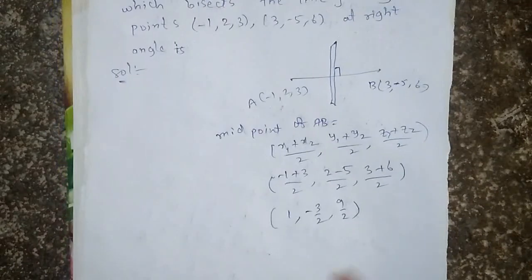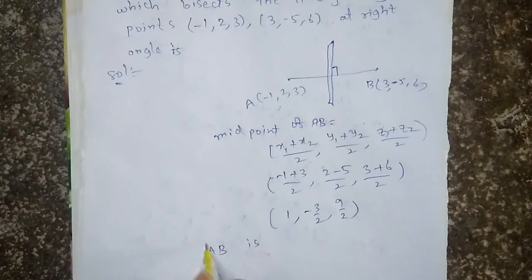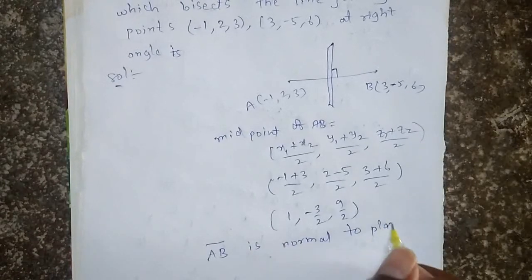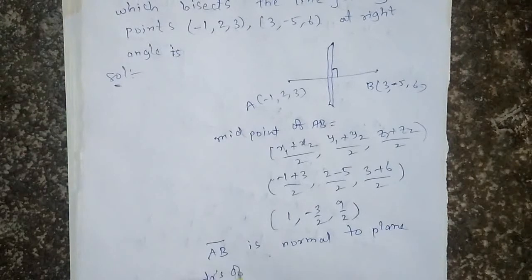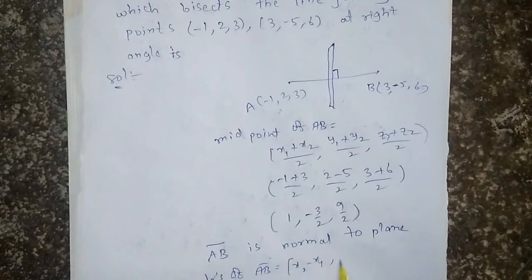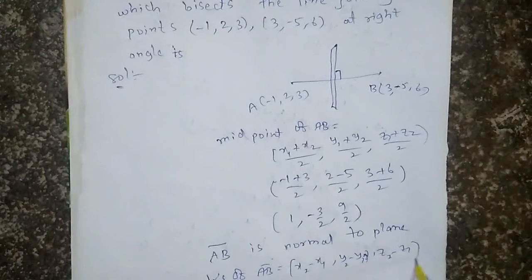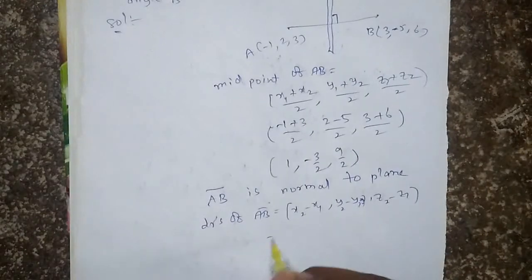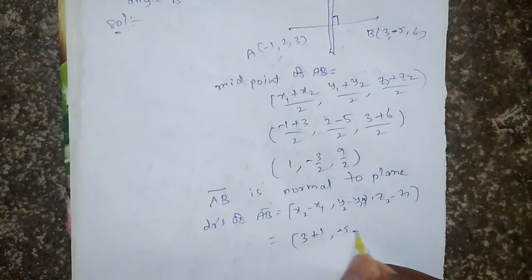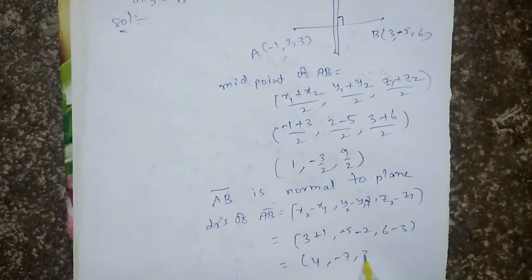Now this is the point, and here the line AB is normal to the plane, implies drs of AB, formula is x2 minus x1, y2 minus y1, z2 minus z1. So that is 3 minus of minus 1, 3 plus 1, -5 minus 2, 6 minus 3, that is 4, -7, 3.